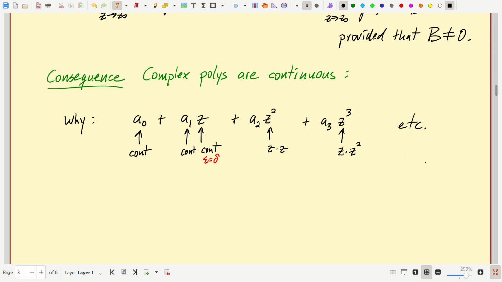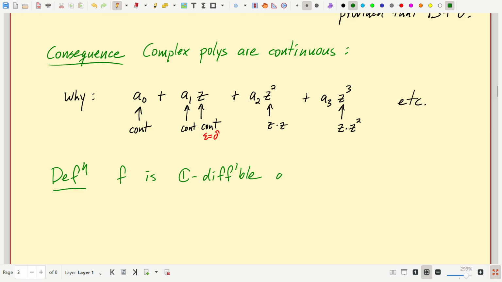Okay, so now the big moment is I'm going to start talking about real calculus here. Definition: f is complex differentiable. I like to say C-differentiable, so I don't have to write complex.